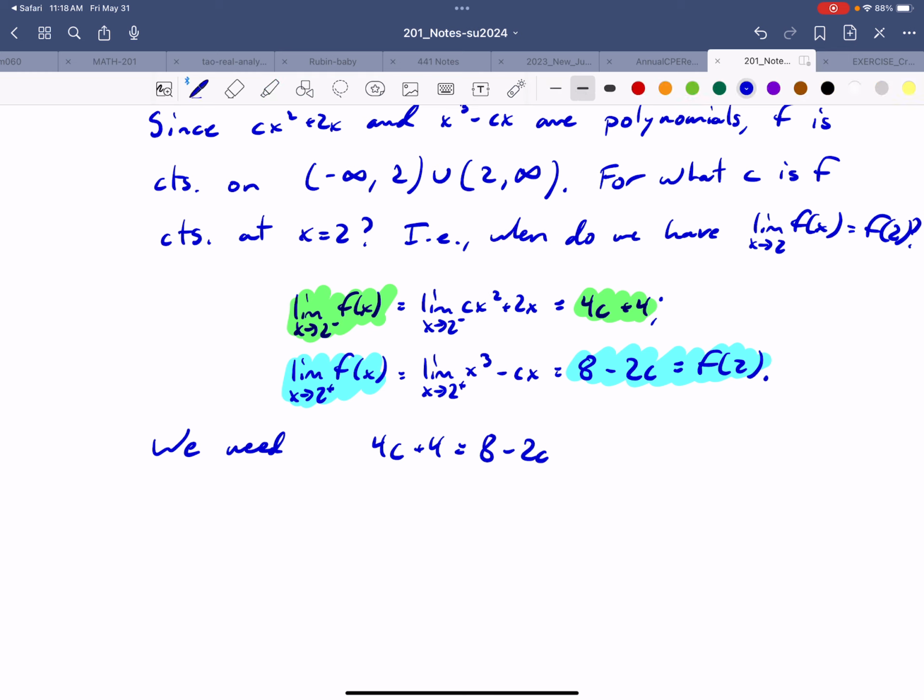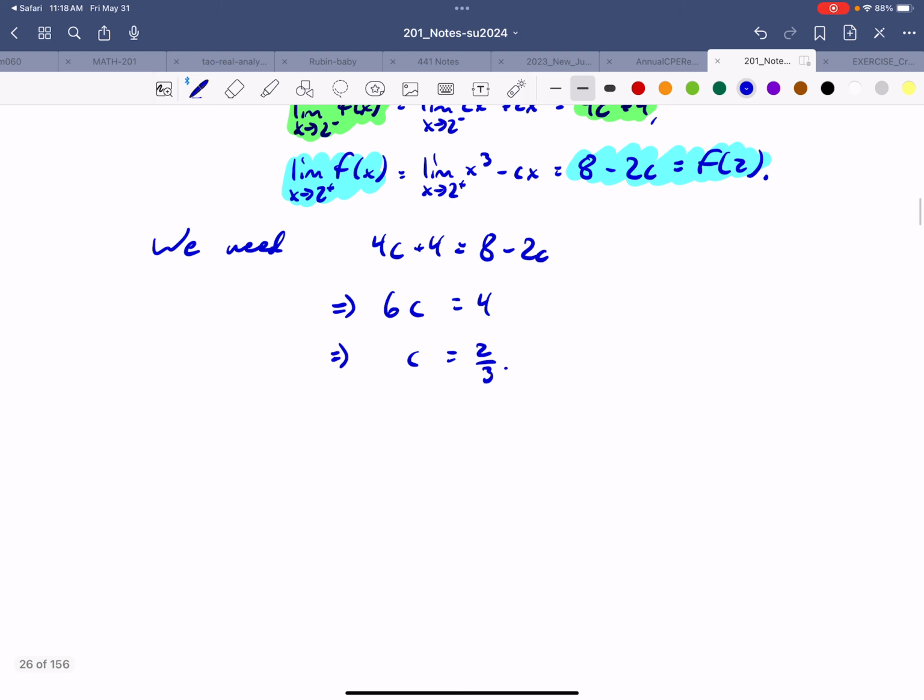Well, you can just do some basic arithmetic and show that c equals, I believe, 2/3. Let me just do it down here. You're going to get 6c equals 4, c equals 2/3.